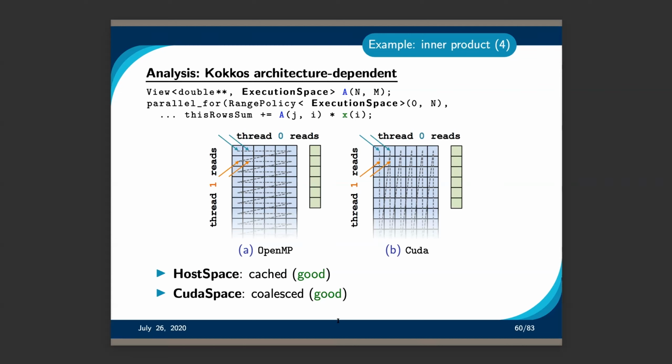As a consequence, this inner loop there, which runs serially, on the CPU goes through consecutive memory elements, while on the GPU you stride, because you want the coalesced access on the column index, because every thread has its own row.